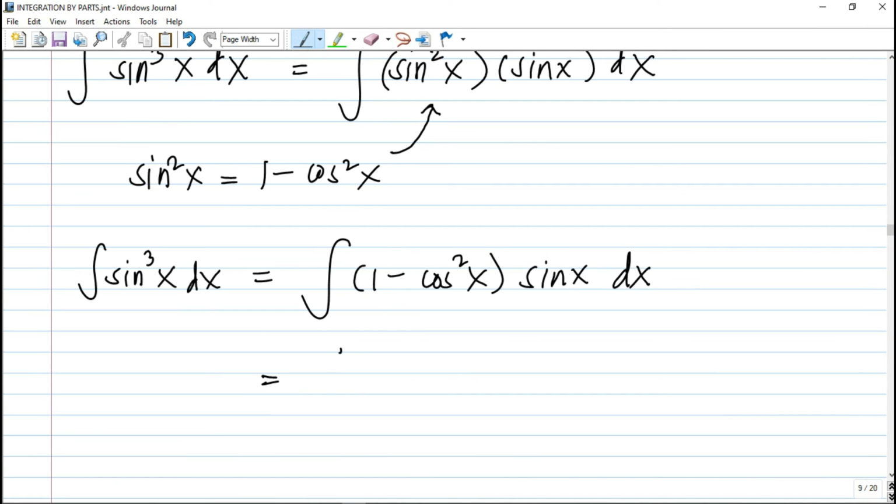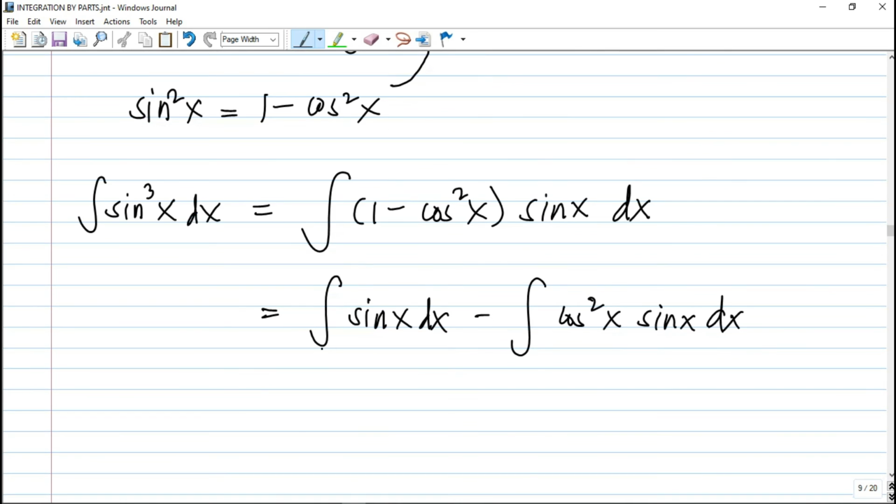So this becomes integral ng sine x dx, multiply lang natin, so we have here minus integral of cosine squared x sine x dx, i-distribute natin yung sine x. So this is integral ng sine x, this is negative cosine x.